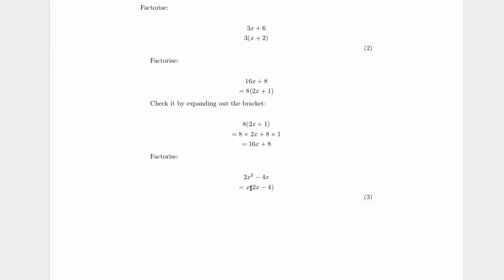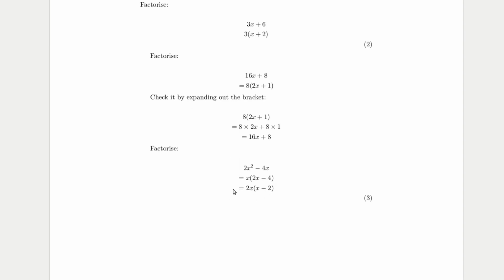And here we can see that we've pulled out the x here, but there's actually still another common factor, because there's a 2 here and a 4 here, so they both would have a common factor of 2, because 2 is divisible by 2, giving 1, and 4 is divisible by 2, giving 2.